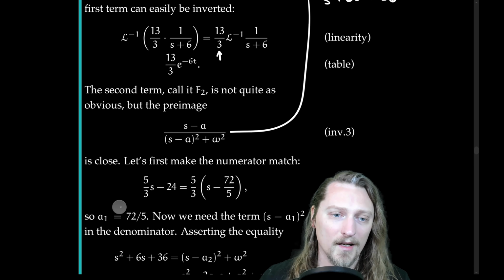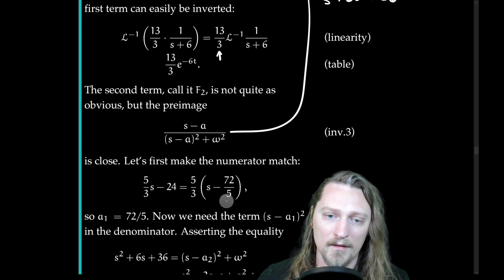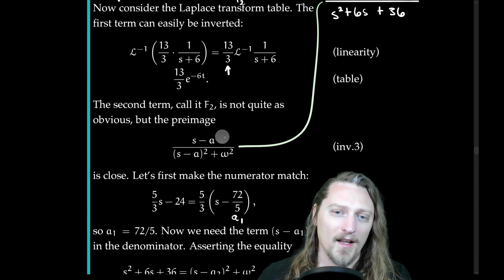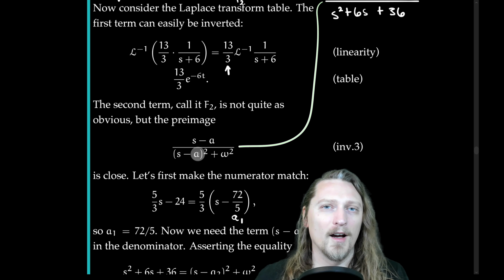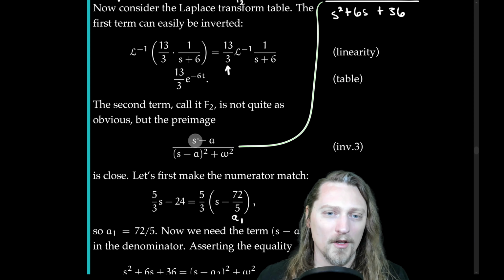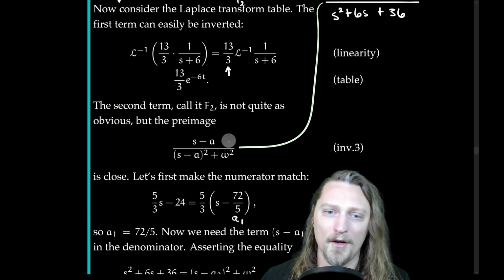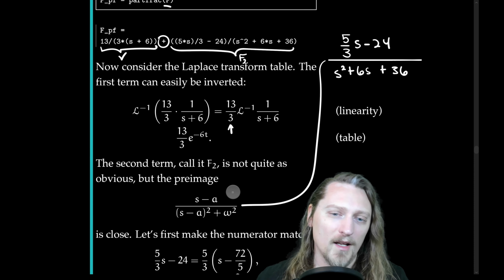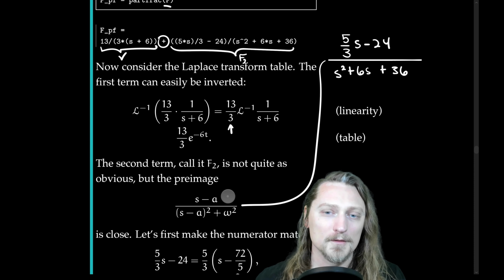Okay, so we're going to call this A1. And this A1 is going to be our first A that we have identified when we've tried to turn our F2, this, into this expression. So it's our initial A that we've found.